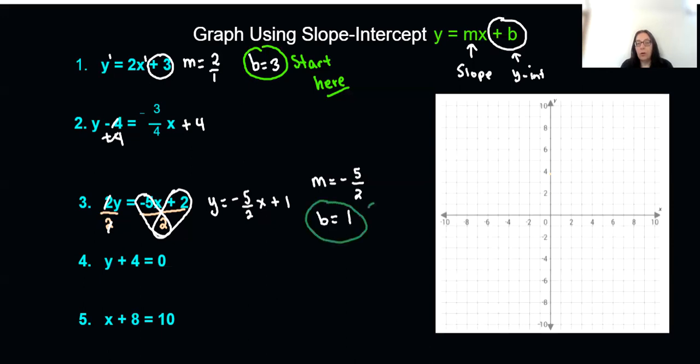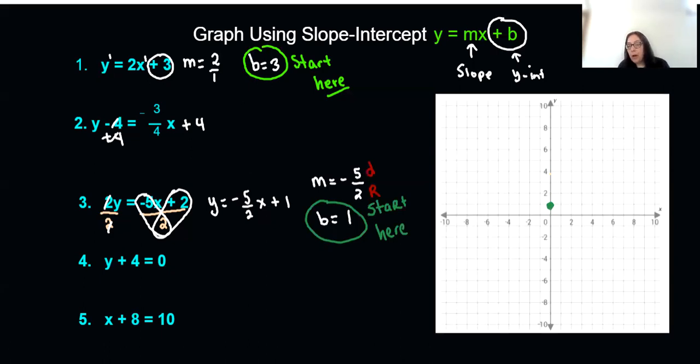So we're going to go to our graph, and we'll go up 1 on the y-axis. Boom, right there. There's 1. From that spot, what are we going to do next? We got to look at our slope. Our slope is negative, so I'm going to go down and right.